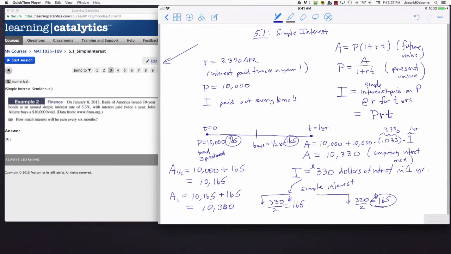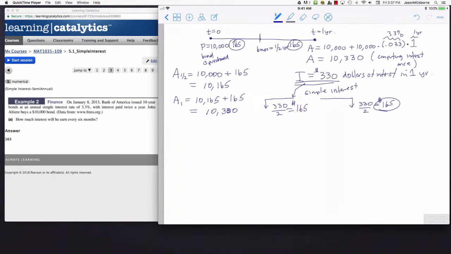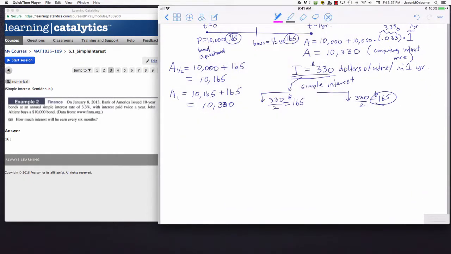So they computed the full interest and then divided it into equal amounts. One of the ideas we were trying to discuss in class is hinting at what's called compounding of interest. The idea here is to compare the timelines.